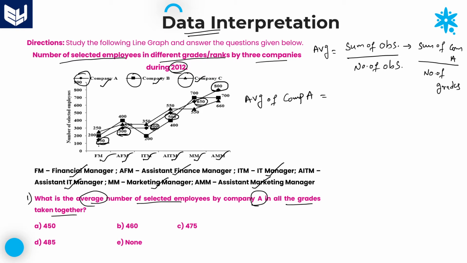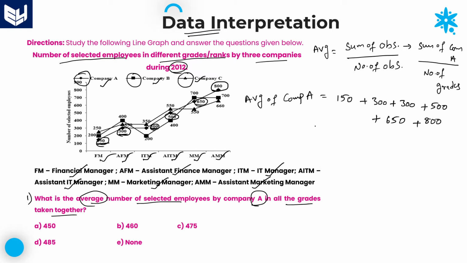So we need to write all the values. First value is 150 for financial manager, then assistant financial manager 300, and after that IT manager, that is also 300, and after that assistant IT manager is 500, marketing manager is 650, and assistant marketing manager is 800.